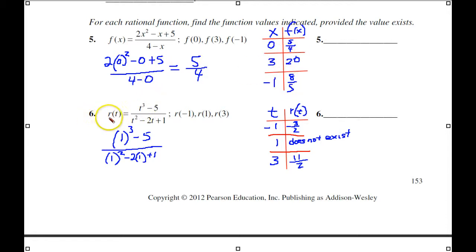And then I thought number 6 was interesting in if we put a 1 where t is, so 1 cubed is 1, minus 5, that would give us a negative 4 in the top. And then 1 squared is 1. This will be 1 minus 2 plus 1. Now notice we have 2 minus 2, which gives us a 0 in the denominator. So if t is 1, no solution or no value exists, because this is undefined.